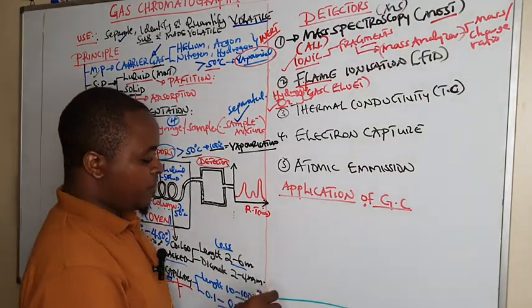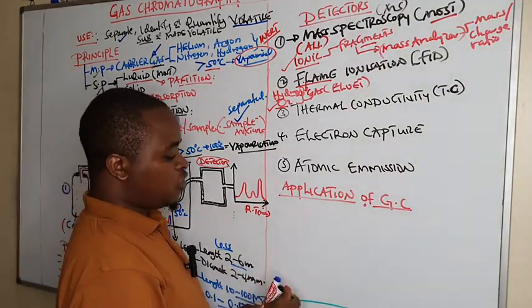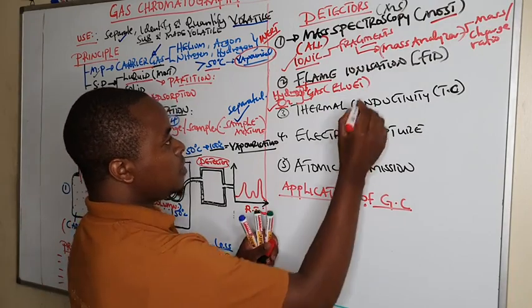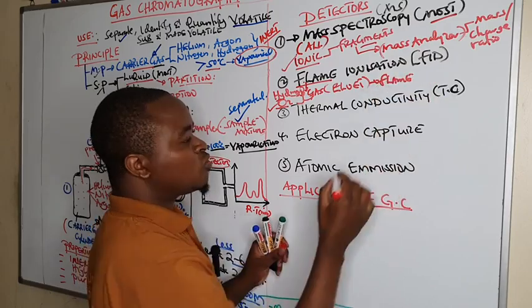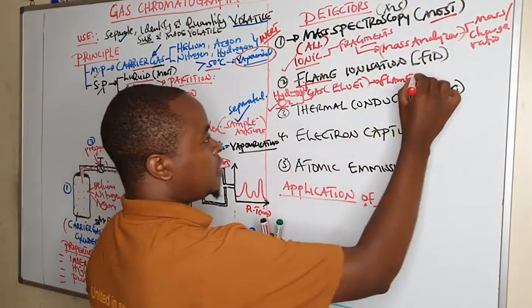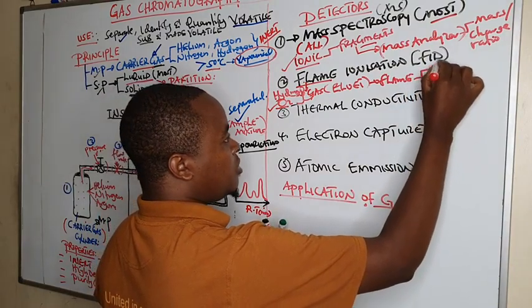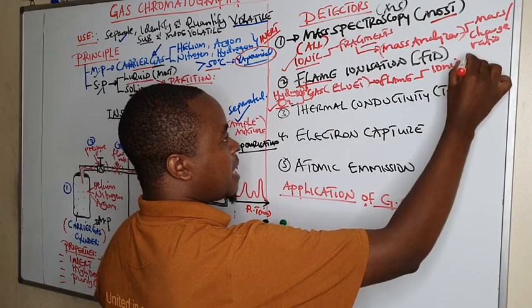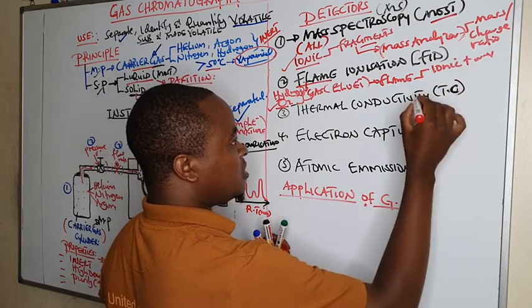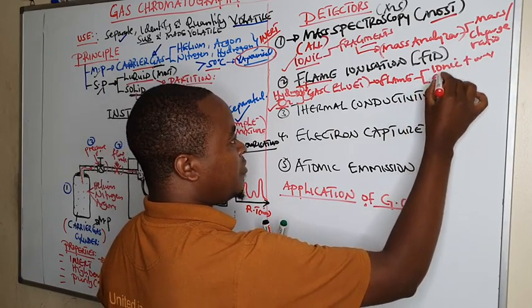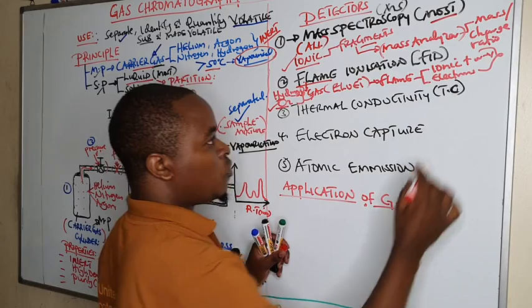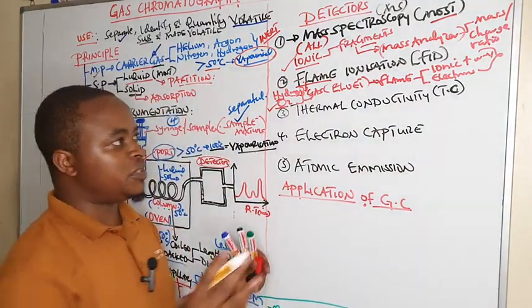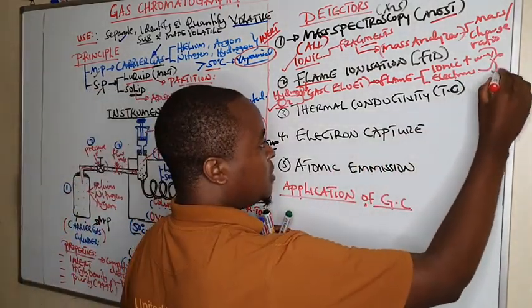So the flame which is produced, the flame which is burning, is going to convert substances into ionic form, whereby they become positively charged or negatively charged. At the same time, it can form what we call electrons. And these are the ones which are going to go into an electric field and produce a current.